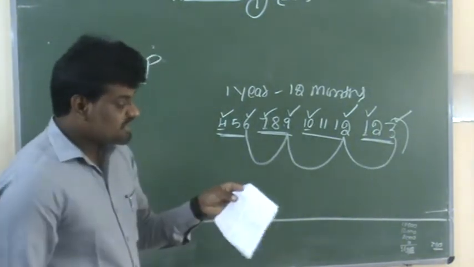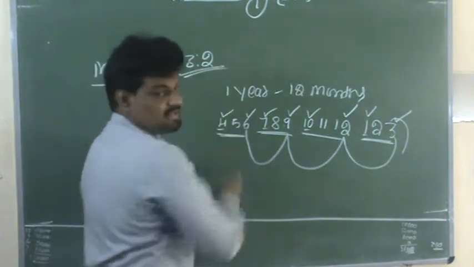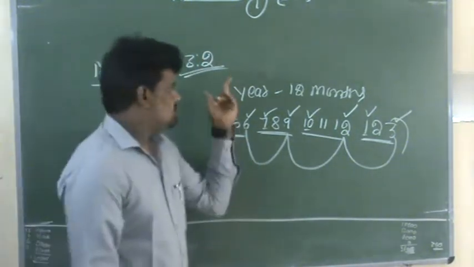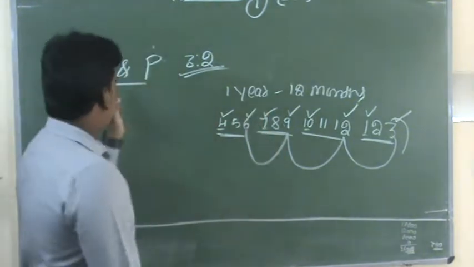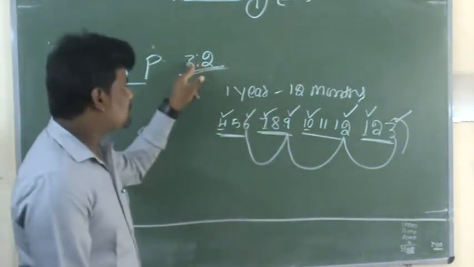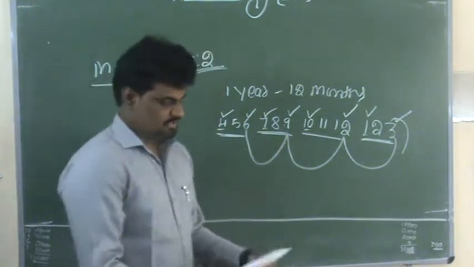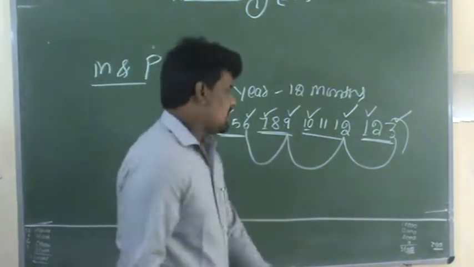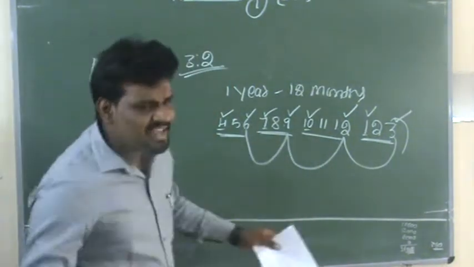They share profits and losses in the ratio of 3:2. This is the profit and loss sharing proportion. In this business organization, only Murthy is withdrawing.